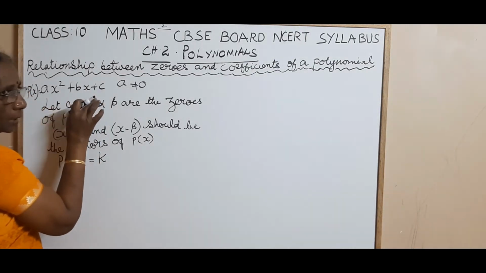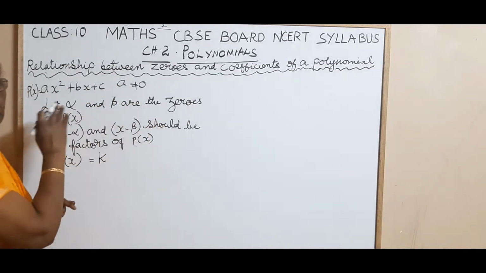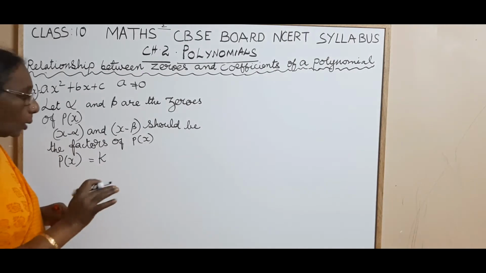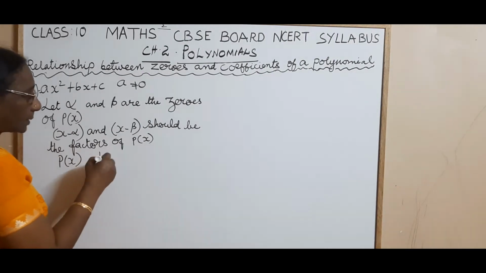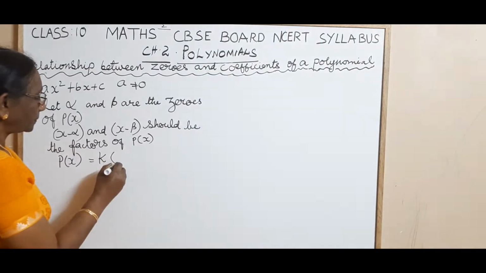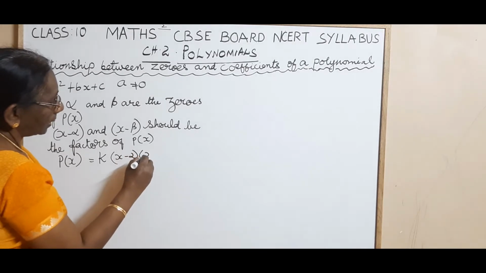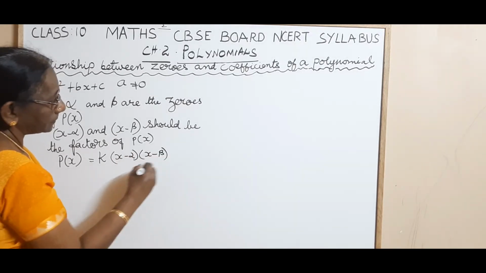It is a polynomial. We are not going to equate it to anything. Even if you equate it to 0, the constant will not affect it. So we are writing k is a constant. k is any number. So p of x is k into x minus alpha into x minus beta.